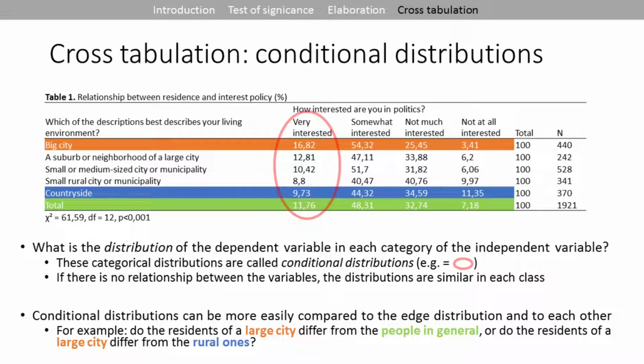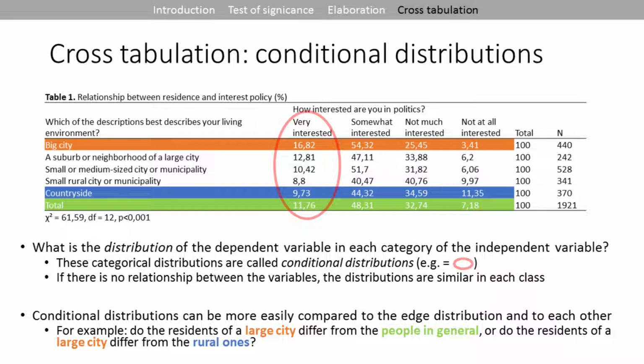So if there is no relationship within the table, the distributions are similar in each class. So there is no variation. All the numbers would be really close to each other. And the conditional distribution can be more easily compared to the edge distribution and to each other.